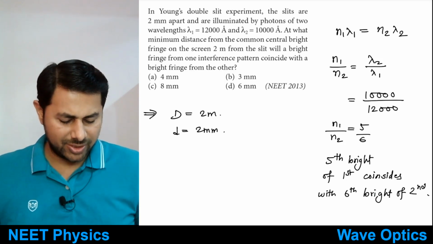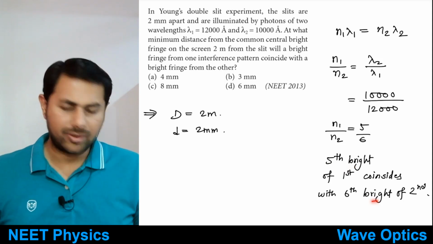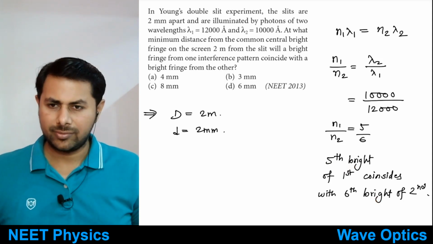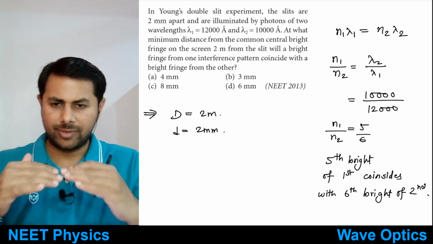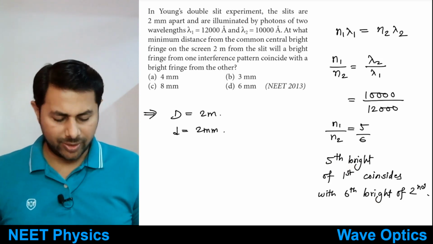So we just found this, the fifth bright of the first coincides with the sixth bright of the second, and then we want to find out the distance of that point from the central fringe. So that is very simple. So let's find it for the first one.